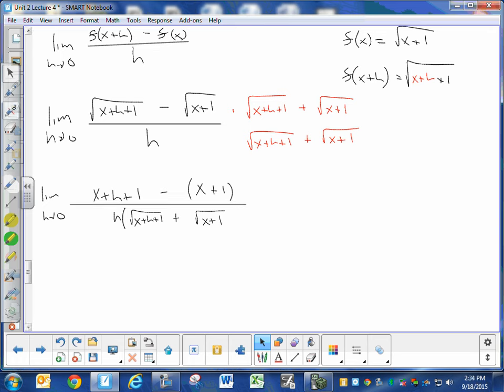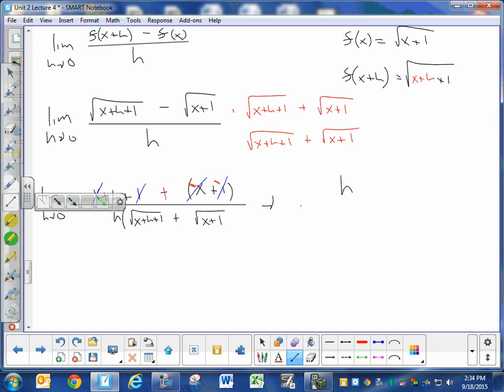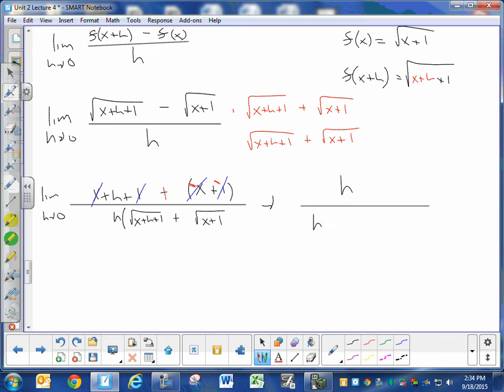This is going to be negative x and negative 1. I notice that both of my x's will cancel, and my 1's will make a 0, leaving me with just an h in the numerator divided by the h times root x plus h plus 1 plus root x plus 1.